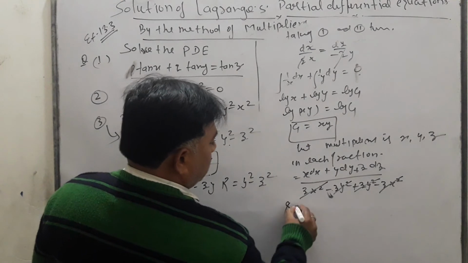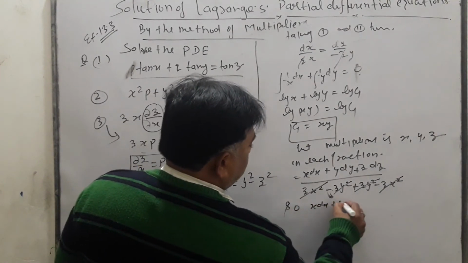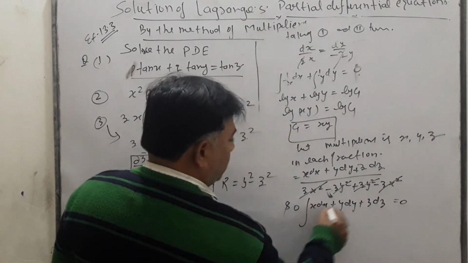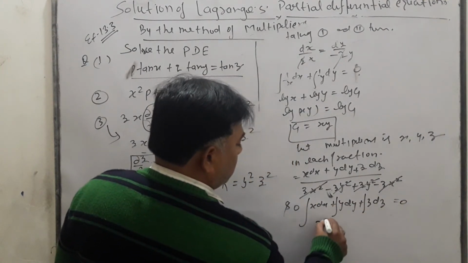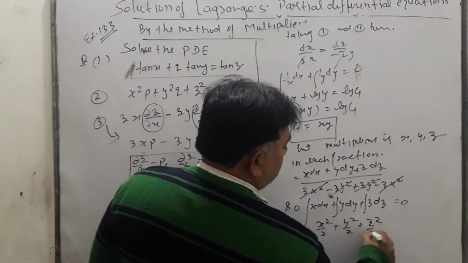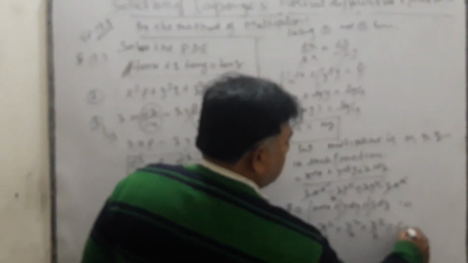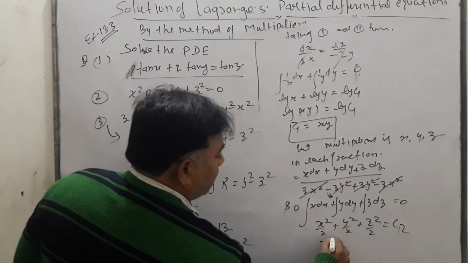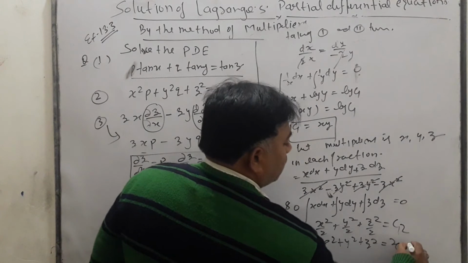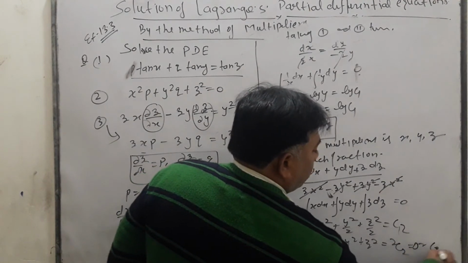So x dx + y dy + z dz = 0. On integrating this function, x²/2 + y²/2 + z²/2 = c2. Then taking the LCM, x² + y² + z² = 2c2, or c2.